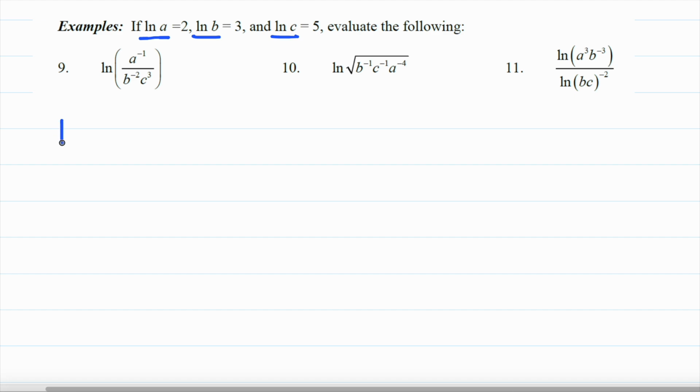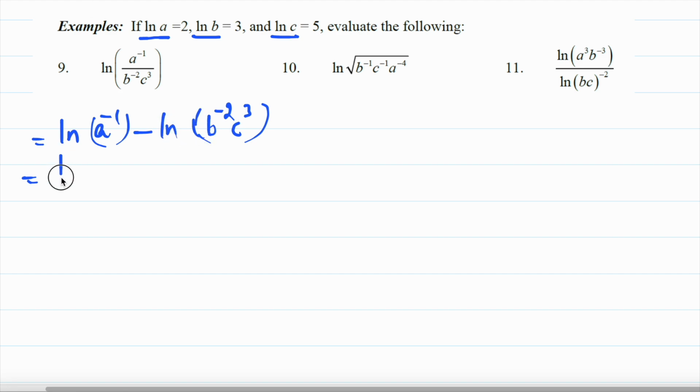So it's going to be log a to the power negative 1 minus log b to the power negative 2 c cubed. Sorry, I actually wrote log here. In this question we have natural log, so I'm going to change it to natural log.